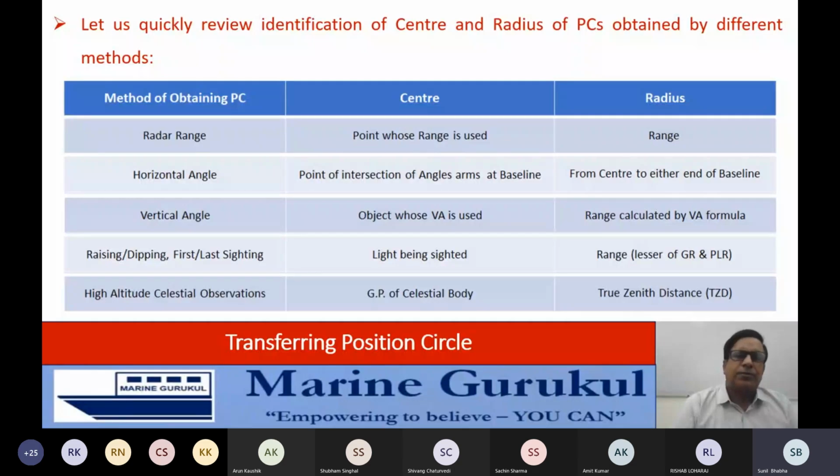High altitude celestial observations, in case they are applicable to your grade: the GP or the geographical position of the celestial body acts as the center, and the true zenith distance expressed in minutes is the radius of the position circle. Okay, so this is a refresher of the position circles which we did. These were all the methods which we used, and for every method the center and the radius which we got. So any doubt up to here, beta?